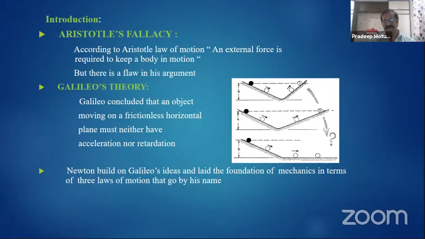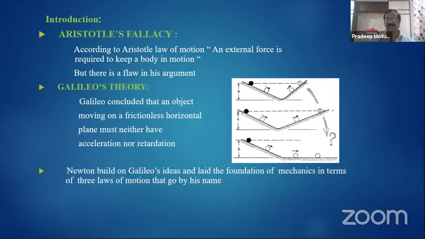Newton built on Galileo's ideas and laid the foundation of mechanics in form of three laws of motion that go by his name. Actually, Newton took the ideas of Galileo and he framed three laws by his name.